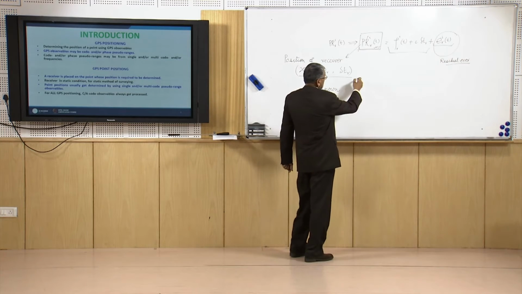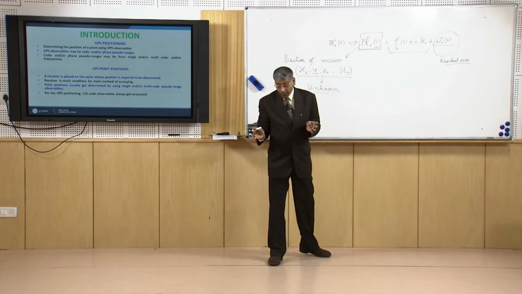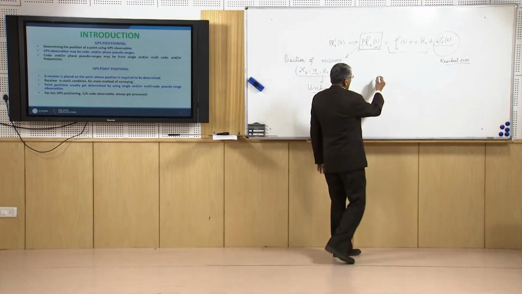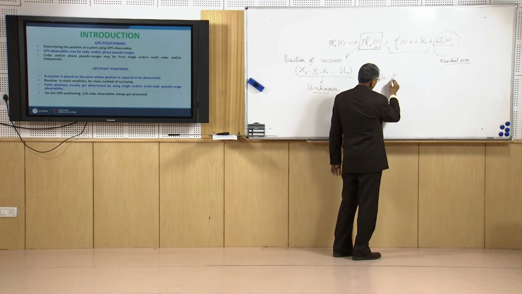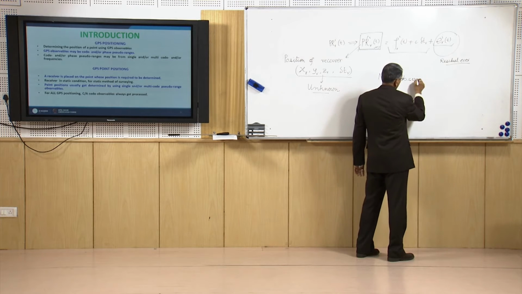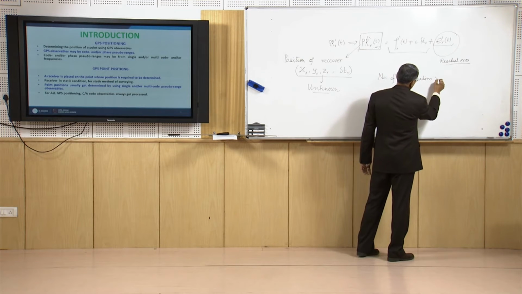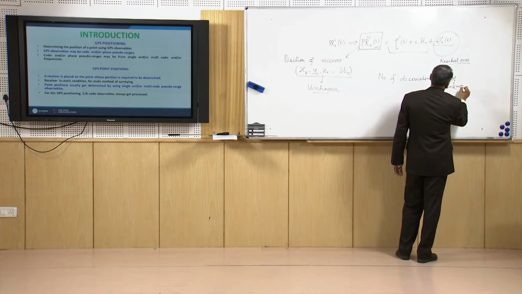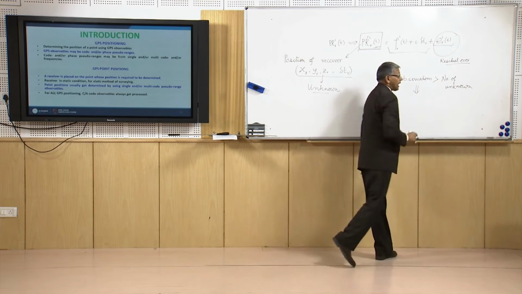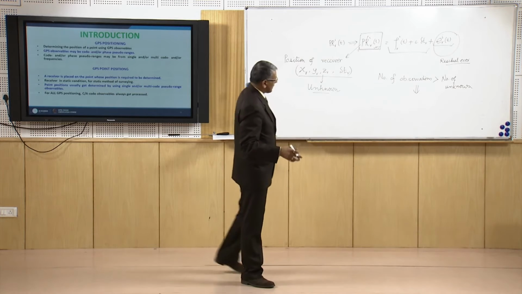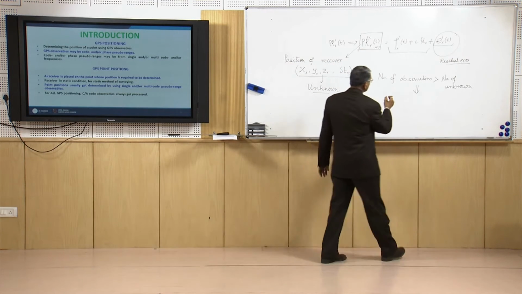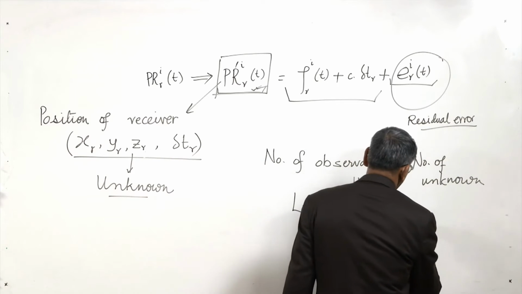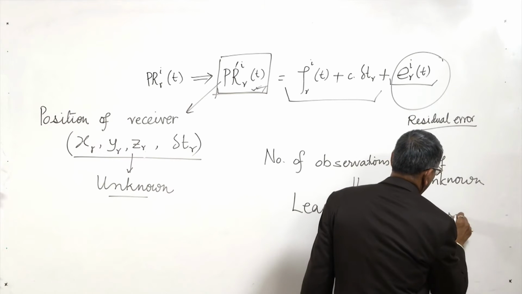So when the number of observations is more than the number of unknowns, then we may apply many methods, but generally we use the least square analysis method.